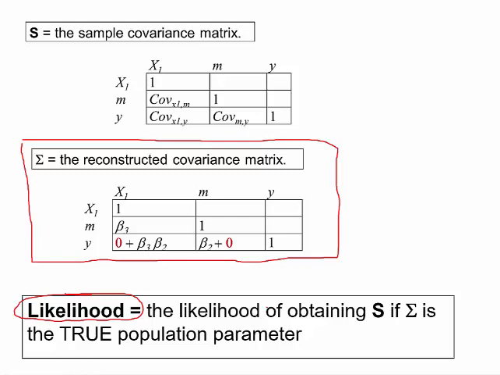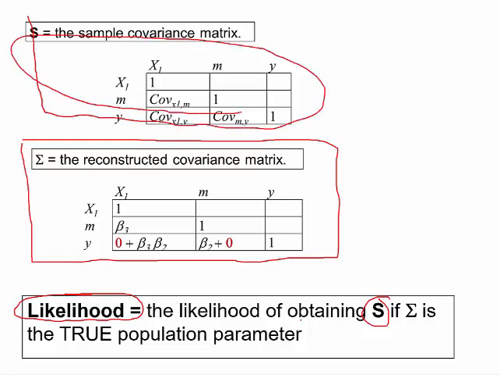The likelihood is simply a formula that gives us a value indicating the likelihood of obtaining S. That is, what's the likelihood of doing my study and getting this variance covariance matrix, the one I actually got, assuming that sigma is actually a model of the true population parameters?